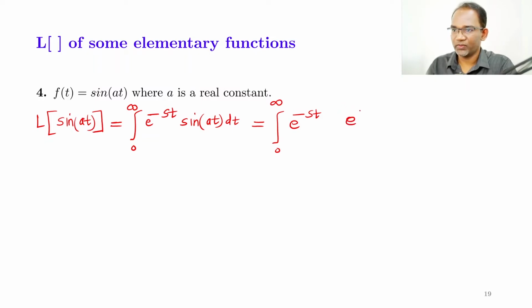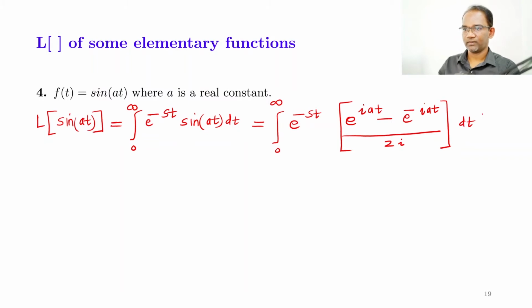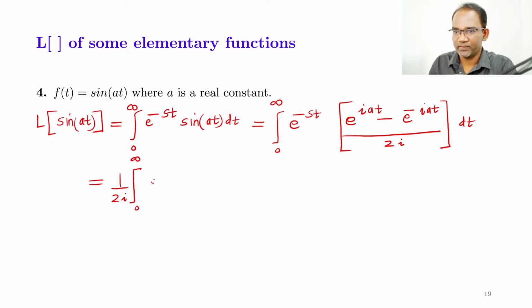So this is e raised to iat minus e raised to minus iat over 2i times dt. Now this is equal to 1 over 2i times the integral 0 to infinity of e raised to minus s minus ia times t, minus e raised to minus s plus ia times t, dt.